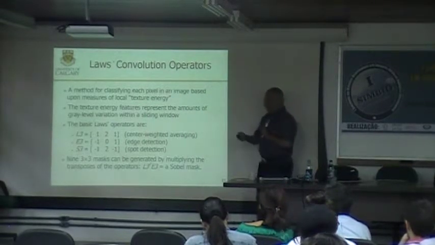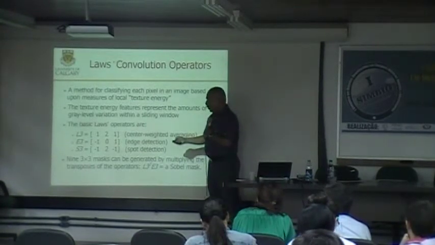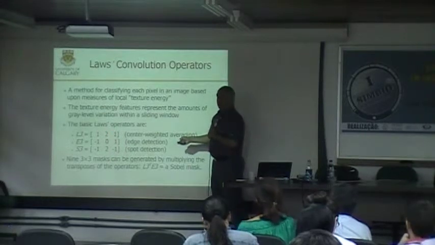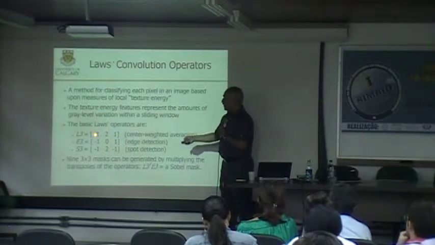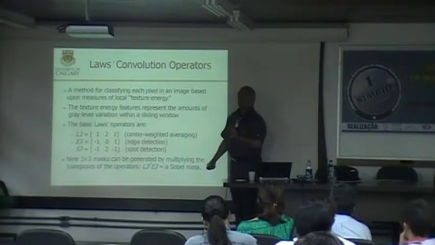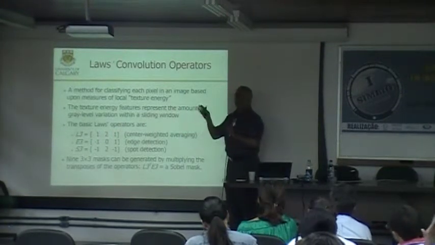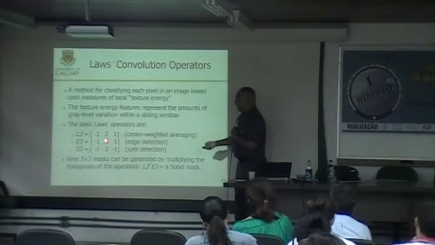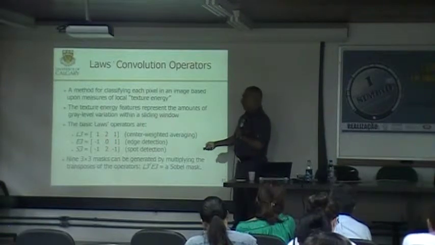For this, Laws proposed filters. He started with one-dimensional filters. 1, 2, 1. The output is a combination of the current value plus the previous plus the next. So this is averaging, center-weighted average. You see the average intensity. This is the current pixel minus the previous pixel plus the next pixel.